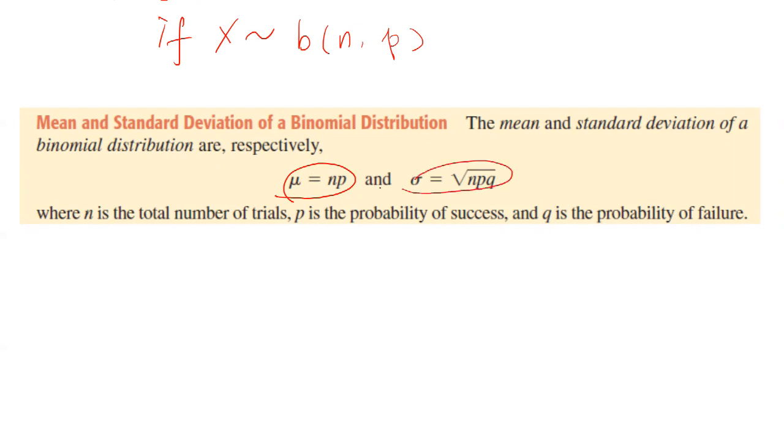Actually, we can prove this according to the original definition of expectation and standard deviation. You don't need to know how we prove that. This is the final result. Just remember that if X follows a binomial distribution, there are simpler ways to calculate its mean and standard deviation, as well as variance. Okay?